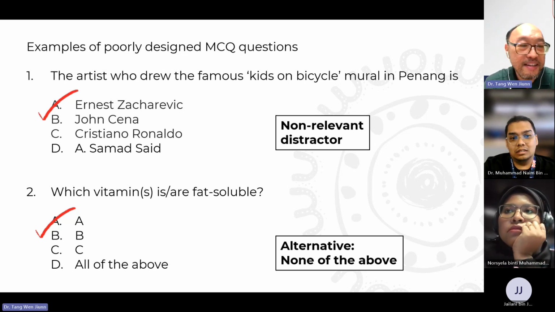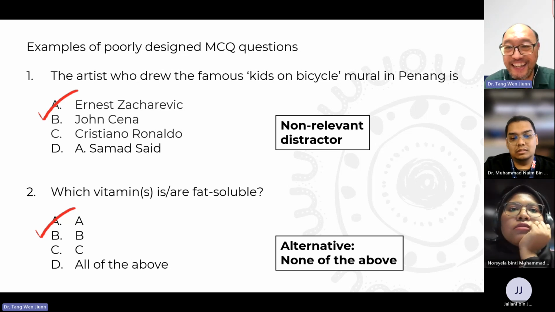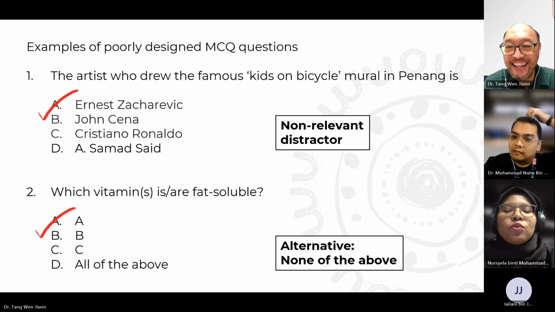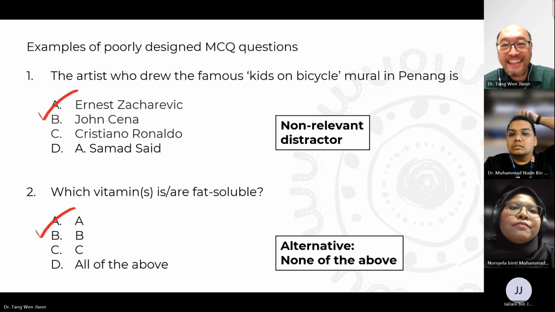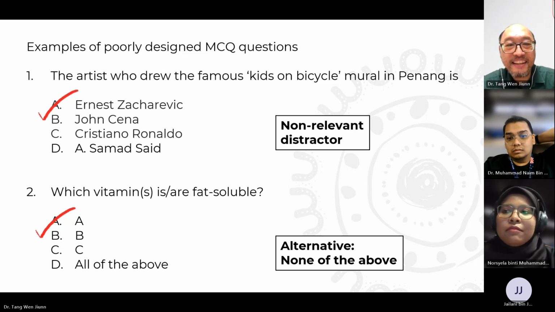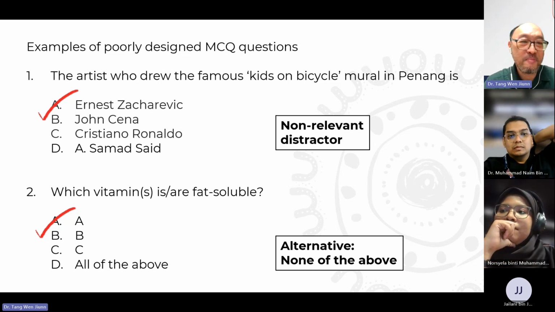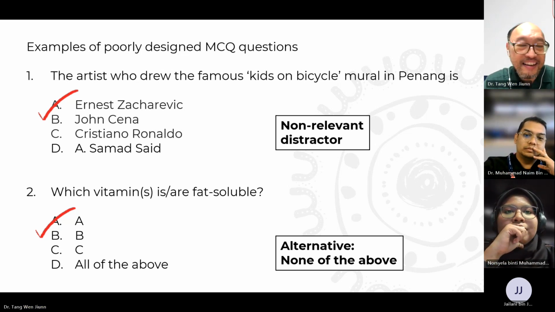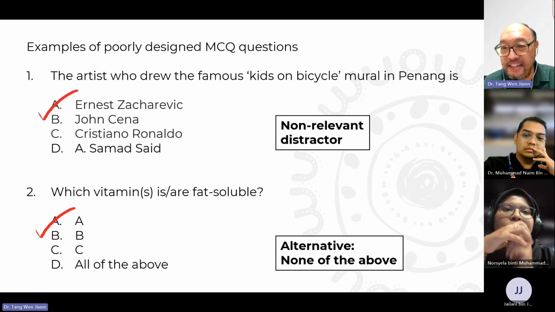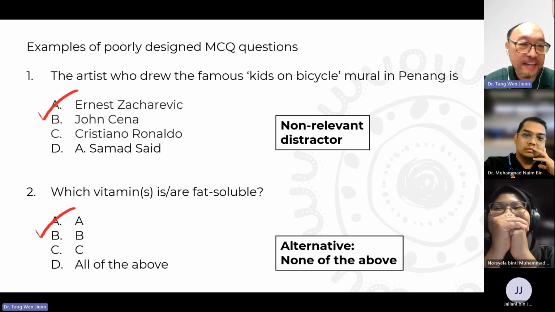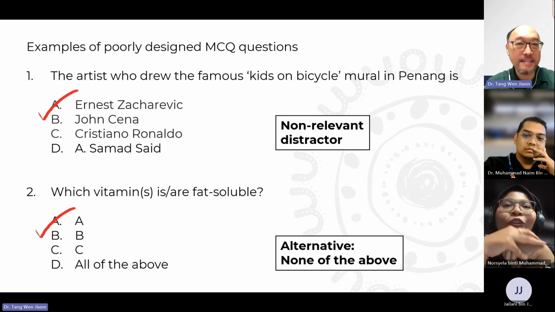The vitamins here: option A is vitamin A, B is vitamin B, C is vitamin C, and D is all of the above. Okay, so the answer is A.